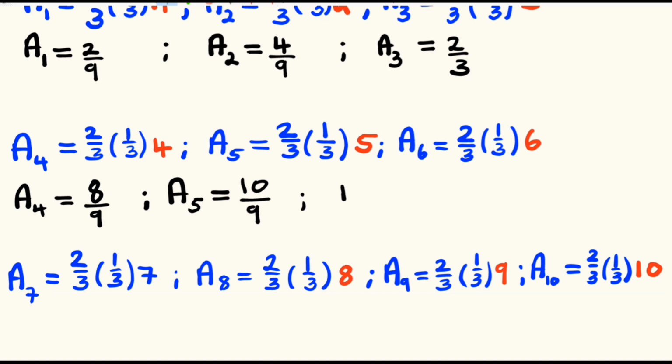And area number 6 will be equals to the 6 multiplied by 1 over 3 will be equals to 2, and that 2 multiplied by 2 will be equals to 4. So we will have 4 divided by 3.